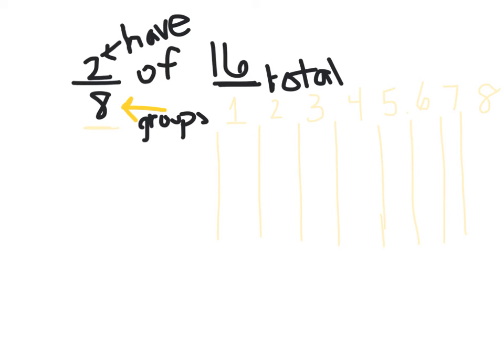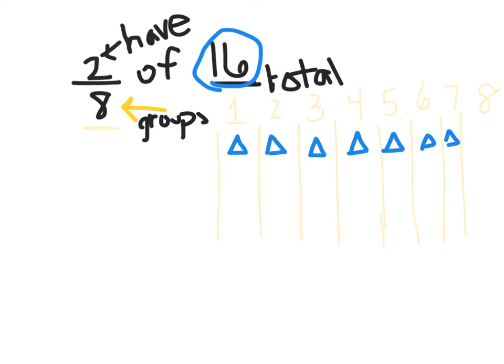And I'm going to start to fill in my total. So I need to make sure I have 16 pieces. So I'm going to put 1 in each group. So 1 here, 1 here, 1 here, 1 here, 1 here. Keep going through. So now I have 1, 2, 3, 4, 5, 6, 7, 8.